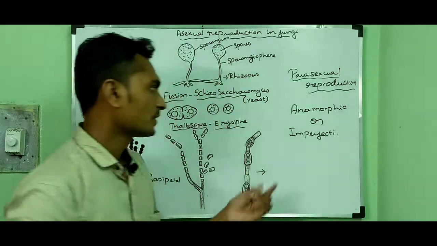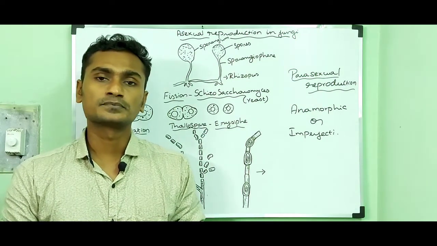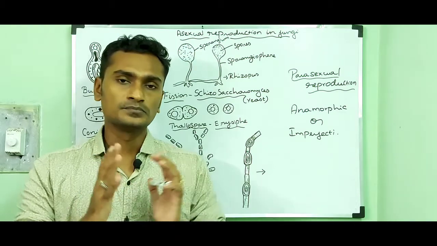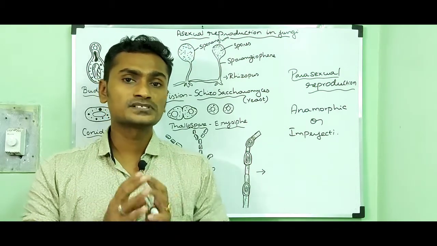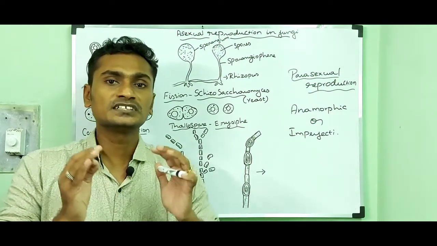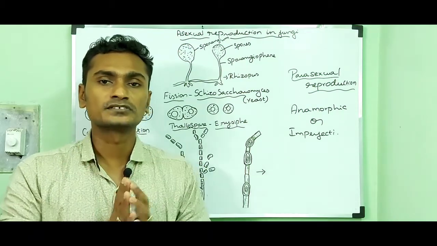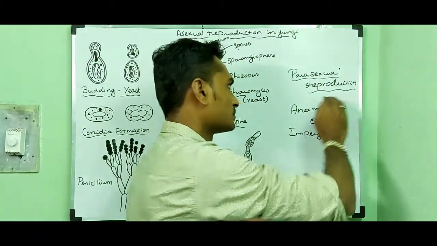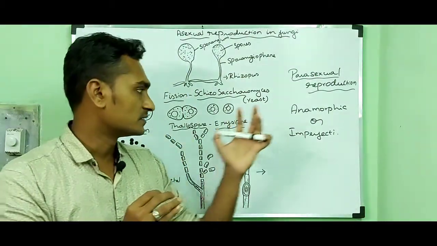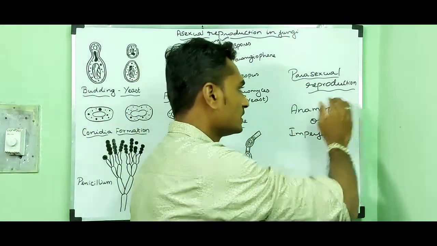They lack sexual reproduction involving karyogamy, that is nuclear fusion, and meiosis. But the purpose of sexual reproduction is genetic recombination. So genetic recombination is achieved by these fungi through a novel method called parasexual reproduction.